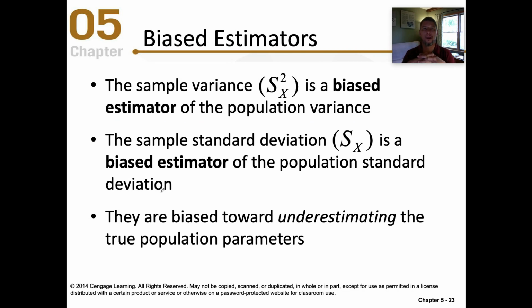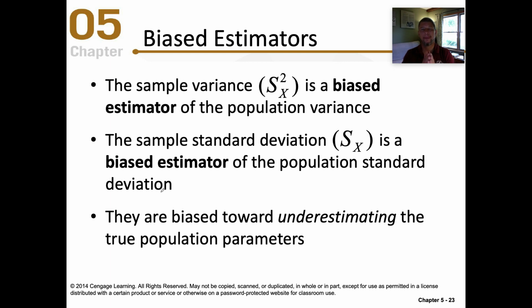All right, why do we do this? Well, first of all, the sample variance, which notice is a capital S squared, is a biased estimator of the population variance, meaning that it's not quite correct. And the sample standard deviation is a biased estimator of the population standard deviation. All right. And the reason that they're biased is that they tend to underestimate the true population parameters.